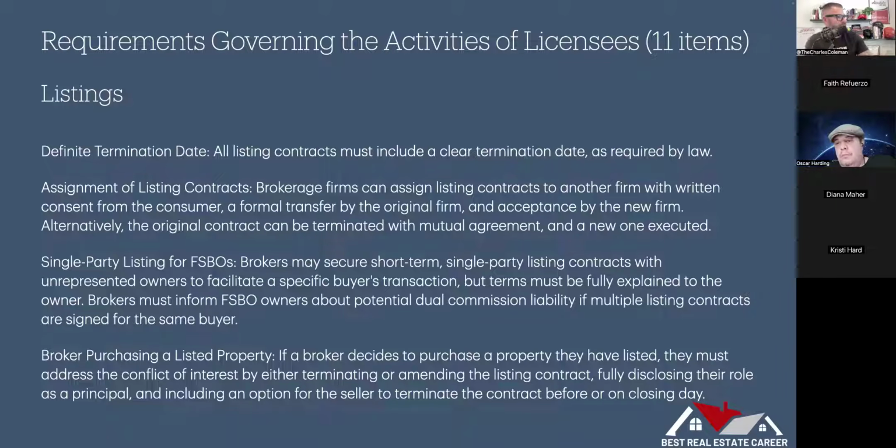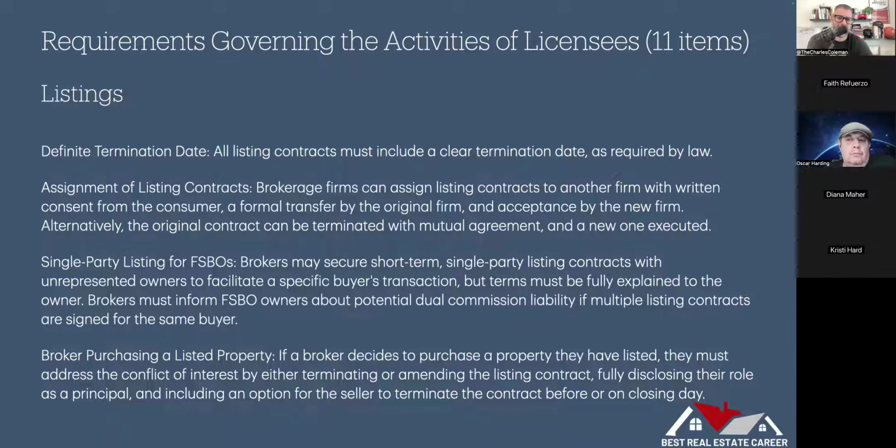So, single party listings. A single party listing is around a FSBO. A single party listing is a for sale by owner. And what this means is you're representing the buyer, and you're treating the seller, the FSBO, as a customer. That's how this is going to show up.